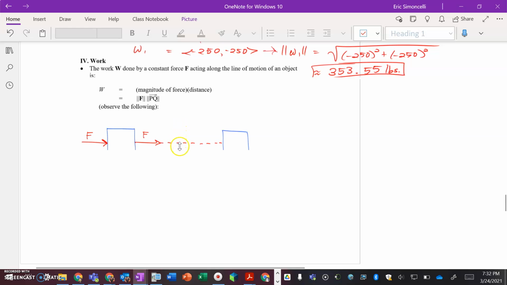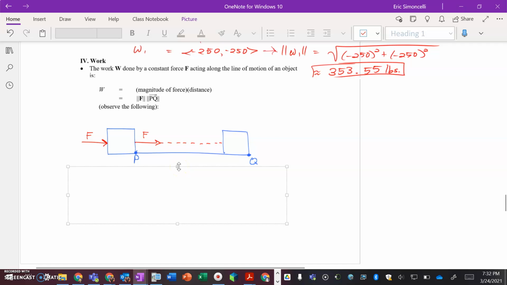Imagine you're pushing an object, a box, across a surface horizontally from point P to point Q. The force vector is exactly horizontal to the ground, as the box travels from point P to point Q. This representation could be used in the context of this particular formula.